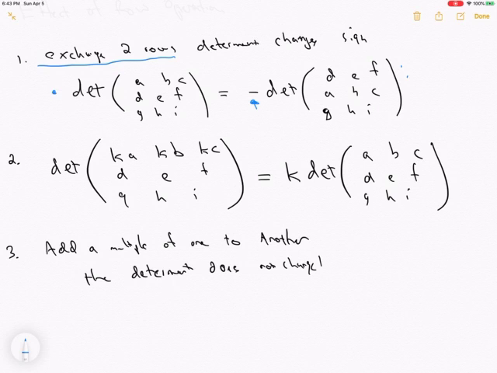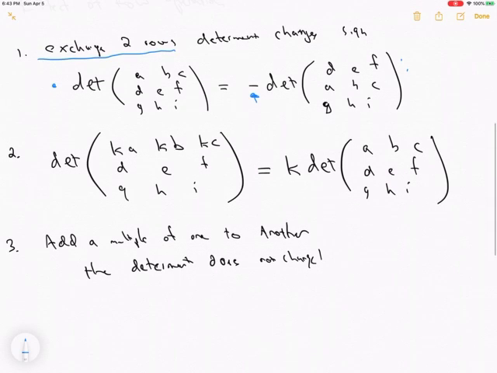It's kind of confusing, but it's just right here. There's a k in front of all the entries in the first row, and if you wanted to pull out that k, you could, and it just pulls out of the determinant. So that's the second type of row operation: if you multiply or divide a row by a constant, then the determinant scales by that same constant.